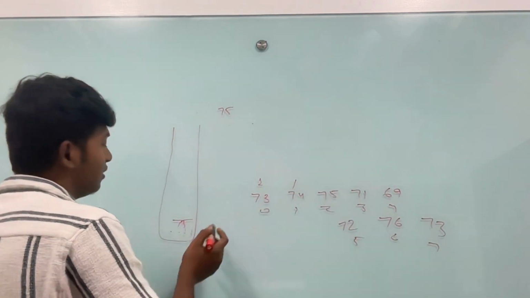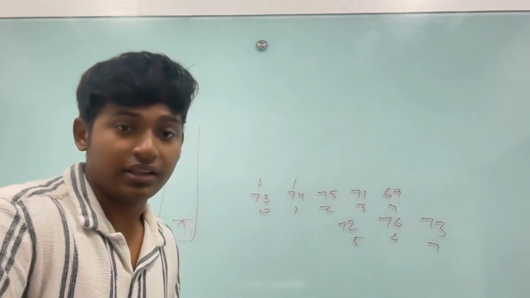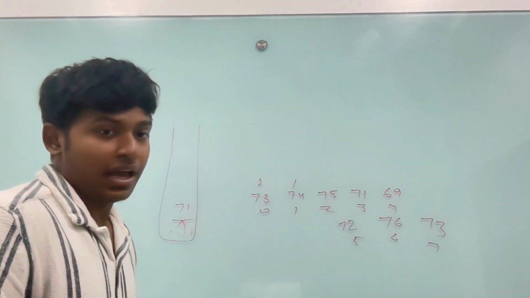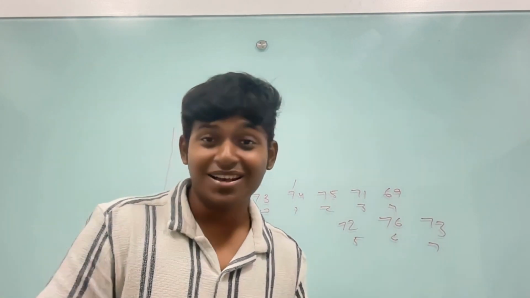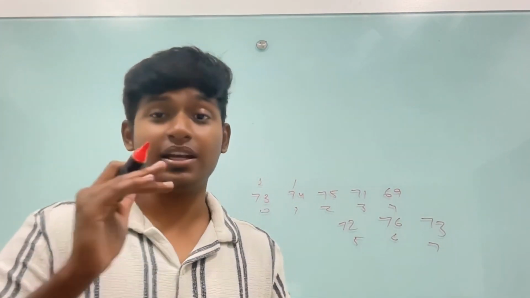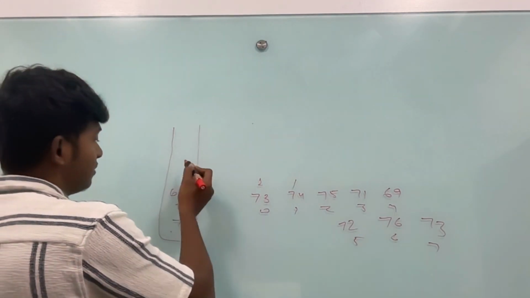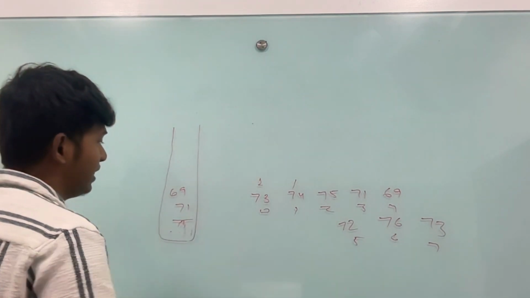Next 71 comes. Okay, 71 is smaller than 75, so it is part of the decreasing sequence. So I put 71 here, and then I see 69. It is still part of the decreasing sequence. So I still put 69 here, and then 72. Now 72 is big, because it is the end of the decreasing sequence.